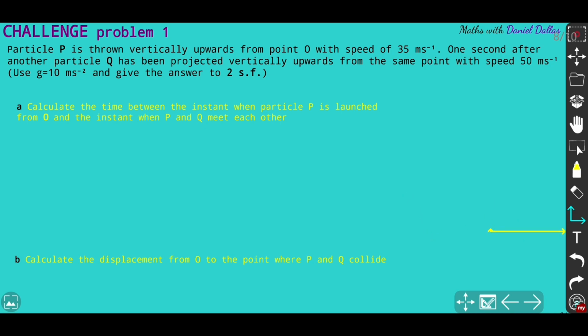And here is the point O, where the particle P starts its motion. It starts its launch with a speed of 35 meters per second, and I can mark it like this, for point P. So we can mark the initial velocity as 35 meters per second, going up. Alright, so after 1 second, the second particle Q is launched vertically upwards from the same point.